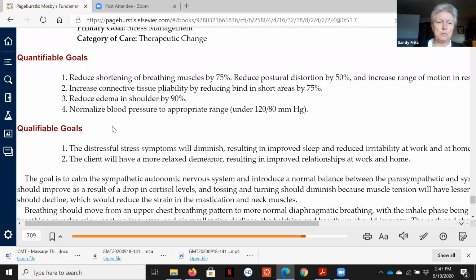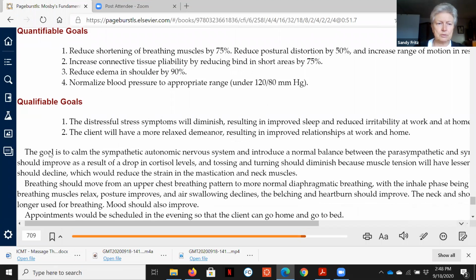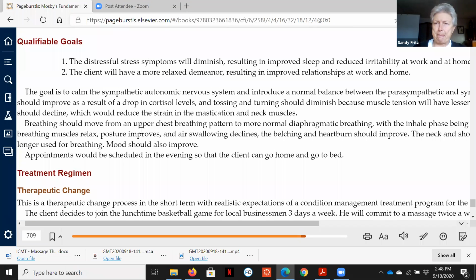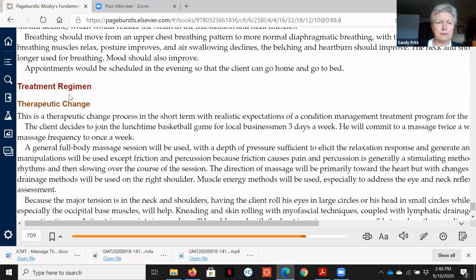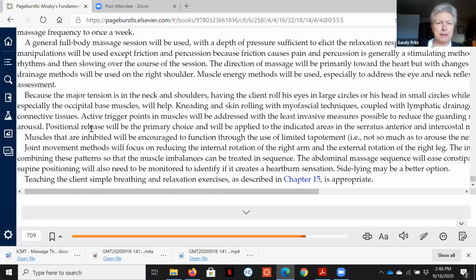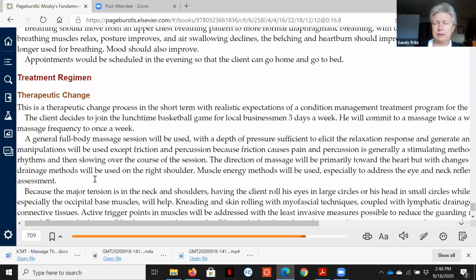And here's what we hope will be the experience of the client afterwards. Then this goes into a justification statement for why we did what we did.